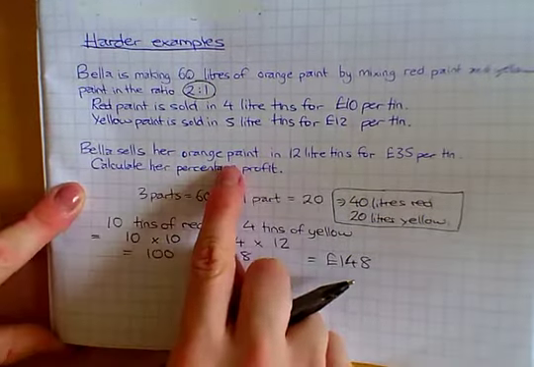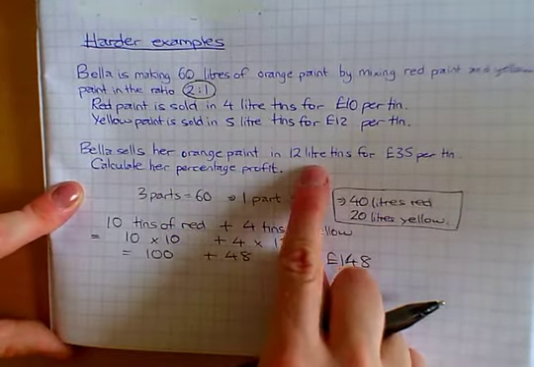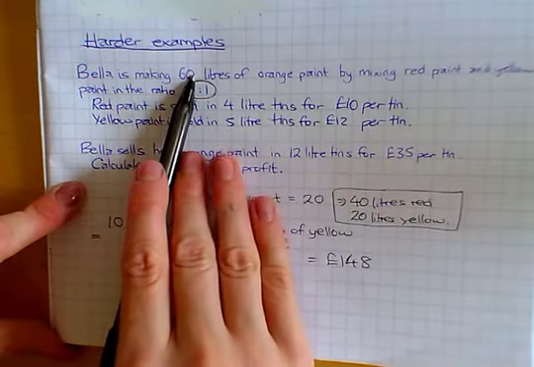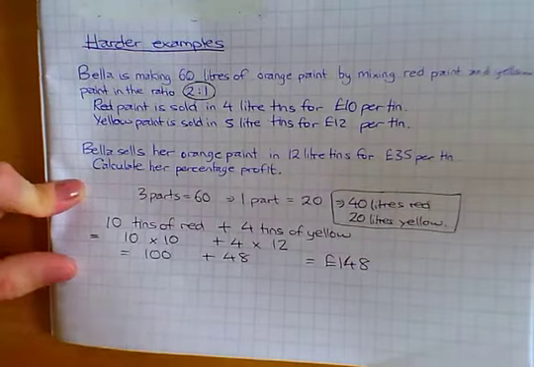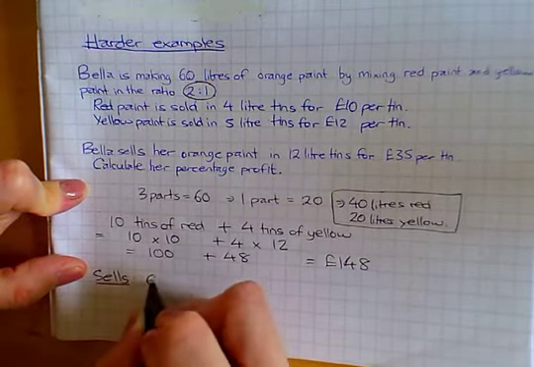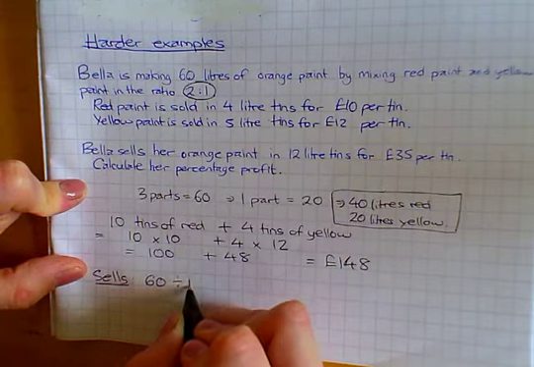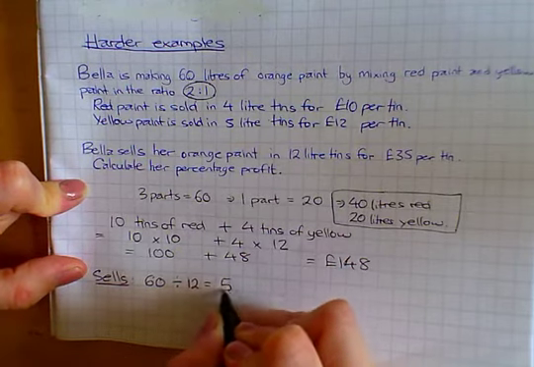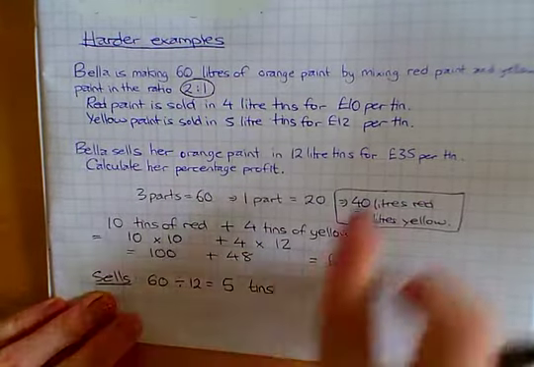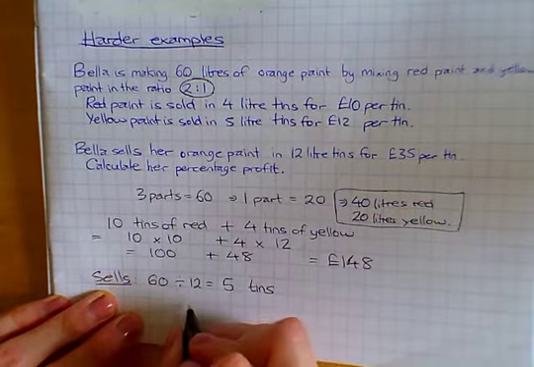She sells orange paint in 12 litre tins for £35 per tin. And remember, she's got 60 litres in total. So she's going to be selling 60 divided by 12 is equal to 5, so she sells 5 tins of paint and they're £35 each.